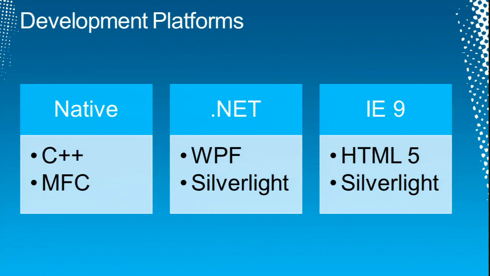This will give you the most control. We've got .NET, so both WPF and Silverlight, and WPF has really good support. Silverlight, because it's cross-platform, has more limitations on what you can access in Windows.